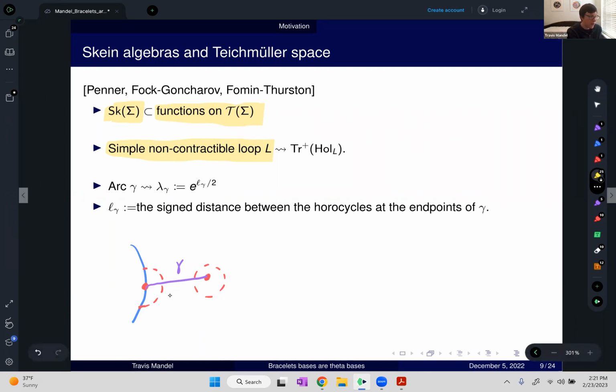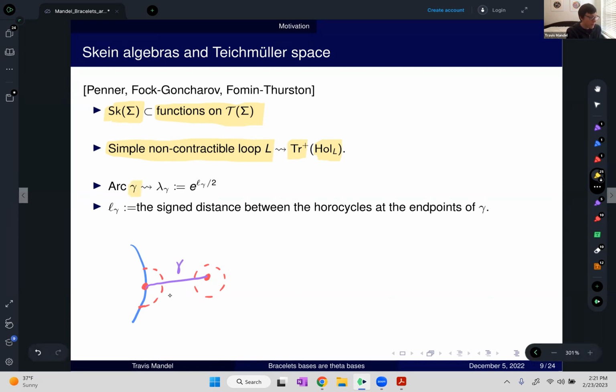So that's what this monodromy or holonomy is, and then we take the trace of that element. But this is something in PSL2R, so you have to pick a lift to SL2R, and I write this plus sign to mean use the lift that makes the trace positive. That's just like before, just traces of monodromies.